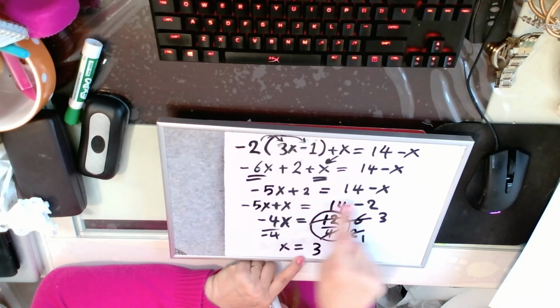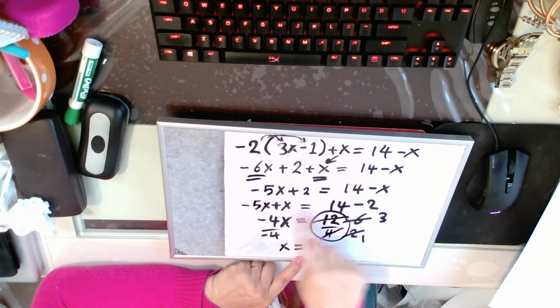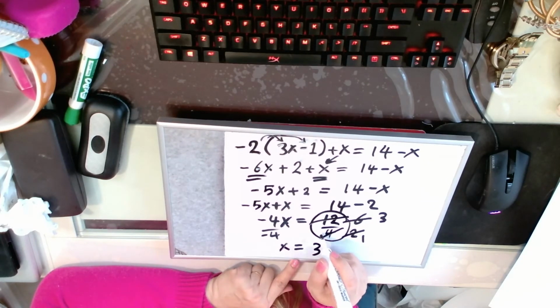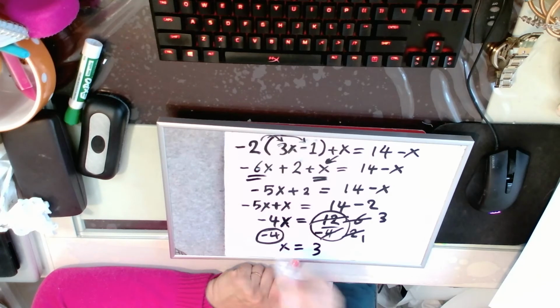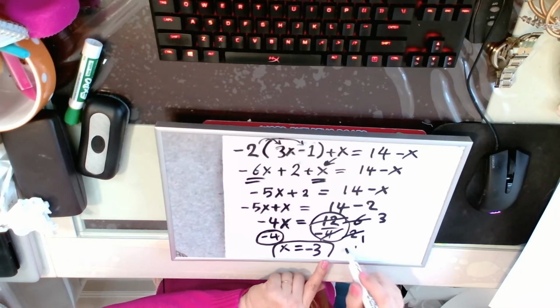Let me check it. 14 here, there's a minus, plus x, so minus 4, minus over, divided by minus. Oh, look here, so we divided by minus, but I didn't put the minus here. Because we divide both sides by minus 4. So I forgot to put the minus here, so x equals minus 3. Pay attention.